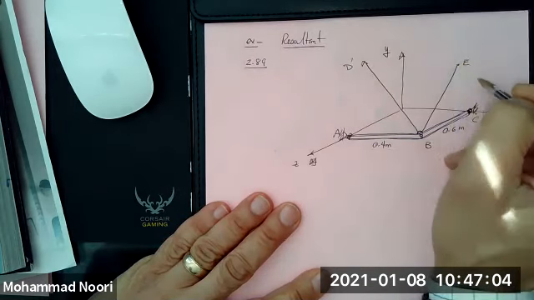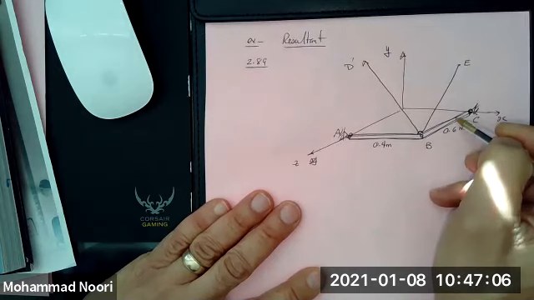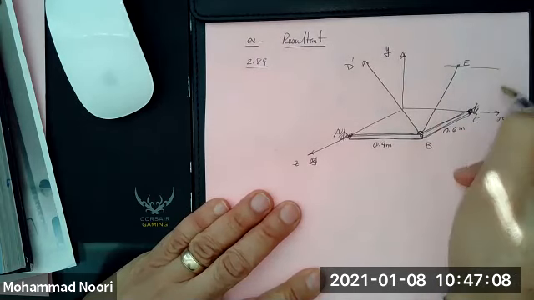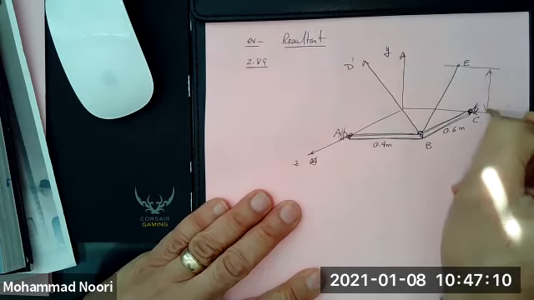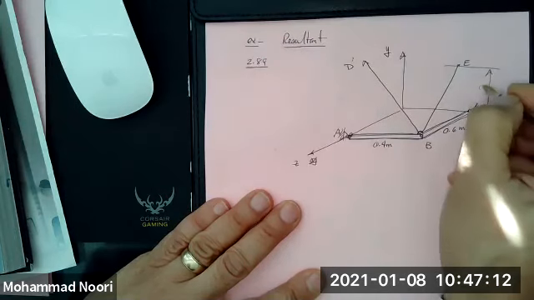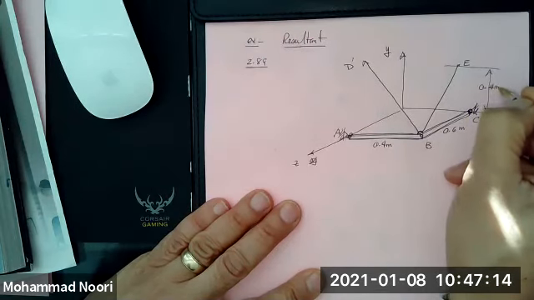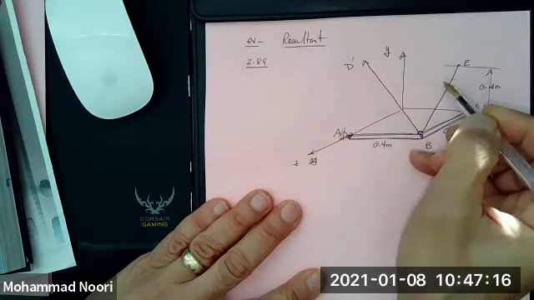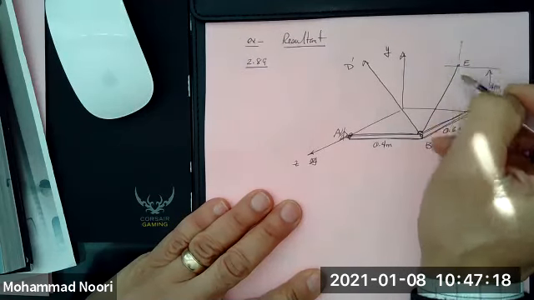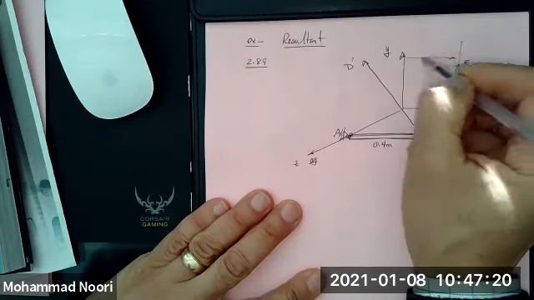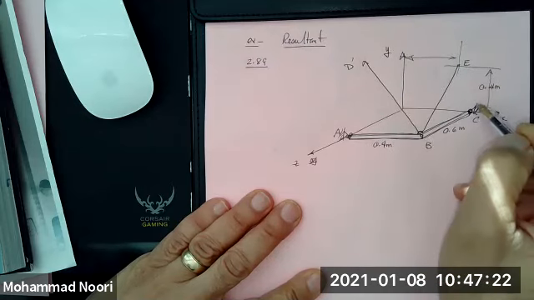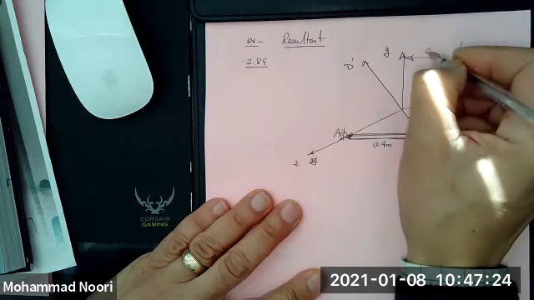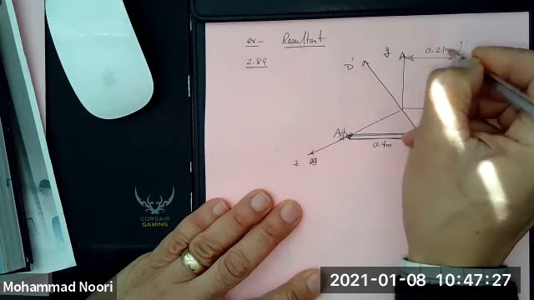Okay. The location of these points are given. This is 0.4 meter. This is, I'm not doing a good job as far as the dimension goes. This is 0.21 meters.